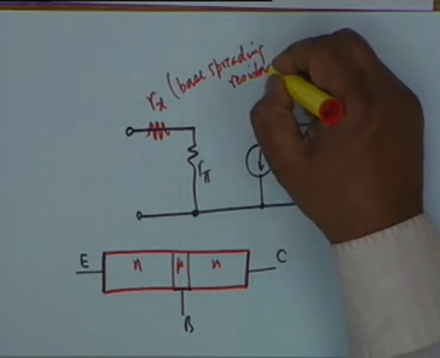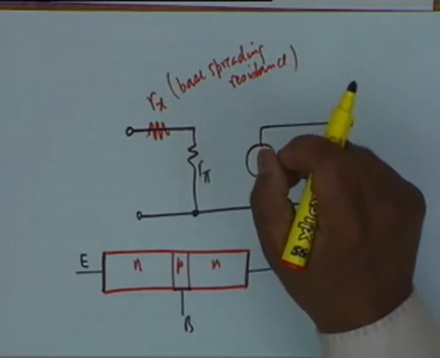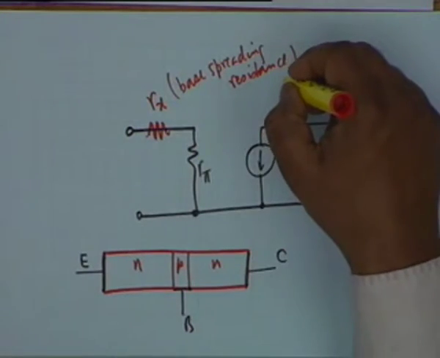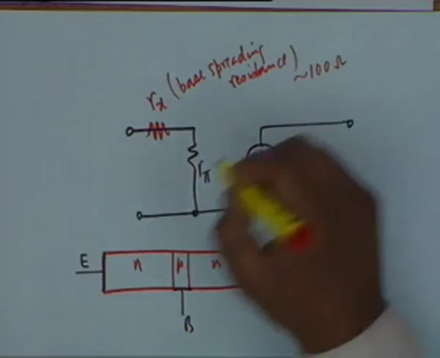This happens because of the thin and long nature of the base. The base spreading resistance, a typical value is of the order of 100 ohm.